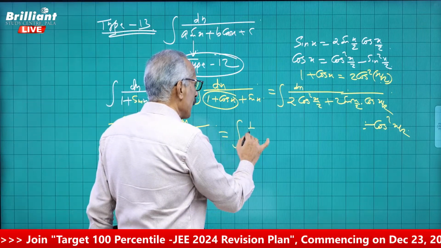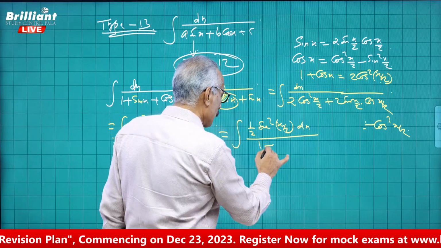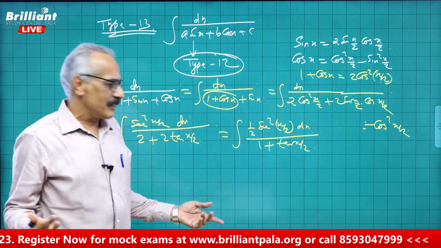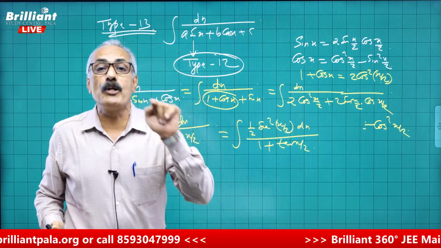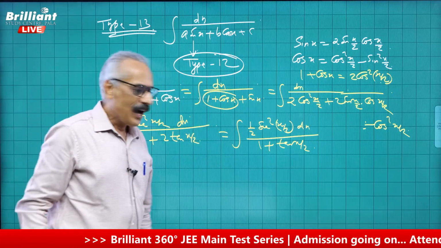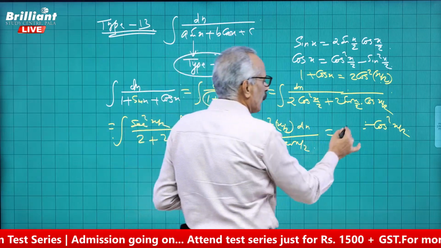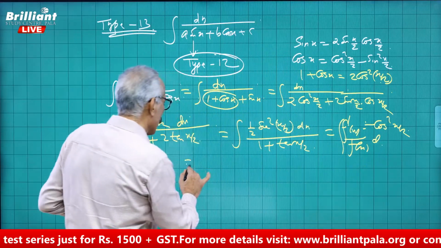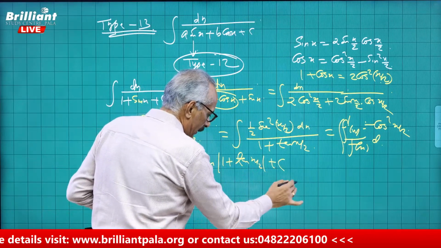So this is equal to 1 by 2 sec square x by 2 by 1 plus tan x by 2. What's the derivative of the denominator? Derivative of 1 is 0, derivative of tan x by 2 is sec square x by 2 into 1 by 2. Now could you understand why I took this 2 to the numerator? So it is the f dash x by f of x formula. Integral f dash x by f of x dx. Within no time you get your answer, logarithm of 1 plus tan x by 2 plus c.